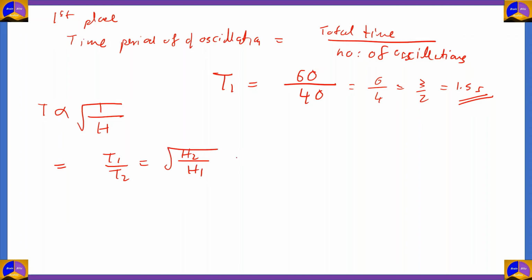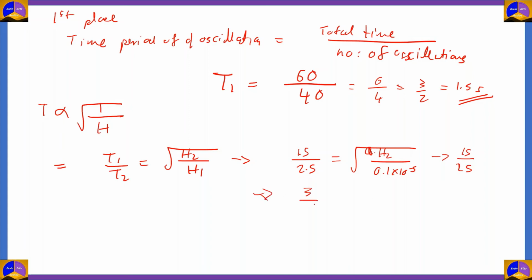Plug in the values, you will get 1.5 divided by 2.5 equal to the root of H2, which is unknown, divided by H1, which is 0.1 into 10 raised to minus 5. 1.5 by 2.5 is just the same as 15 by 25, which can be written as 3 by 5 because both are divisible by 5.